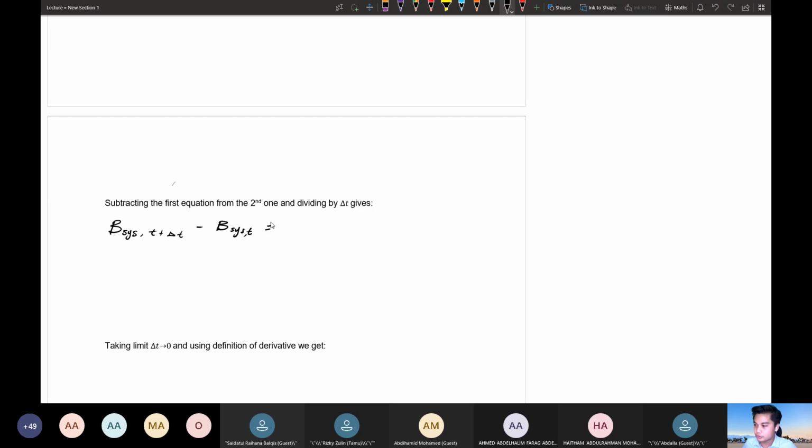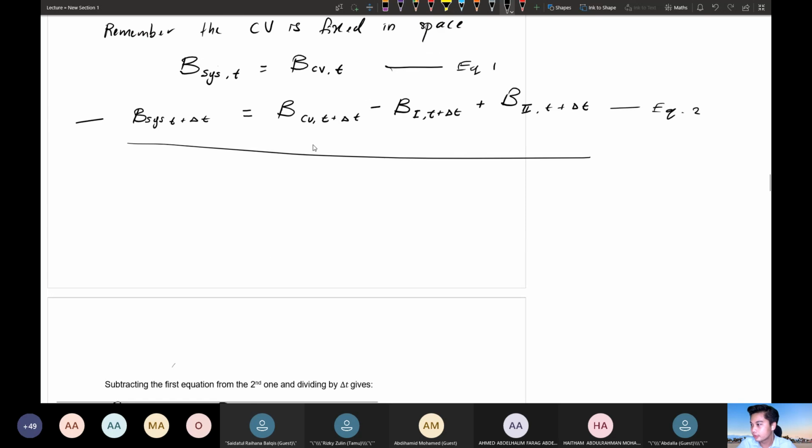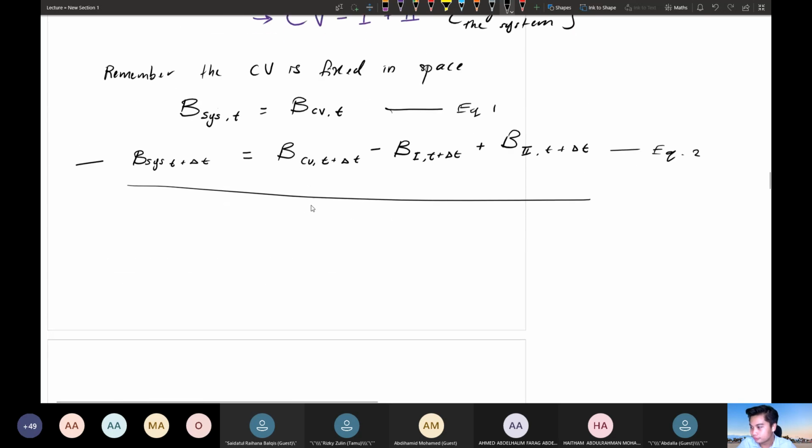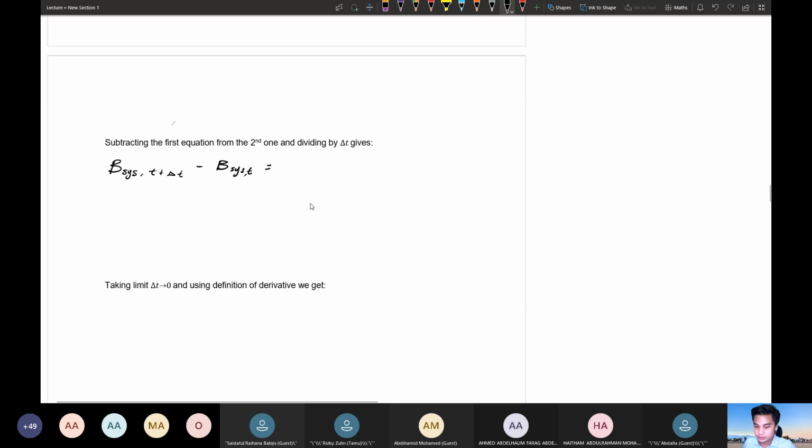Equal to, can you see this one? Control volume minus control volume. So B of control volume at t plus delta t minus B of control volume at t. All these must be divided by delta t.